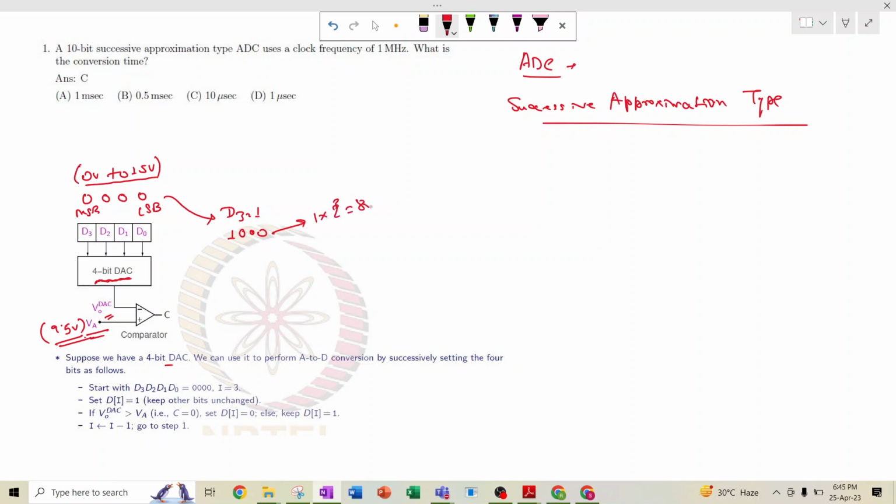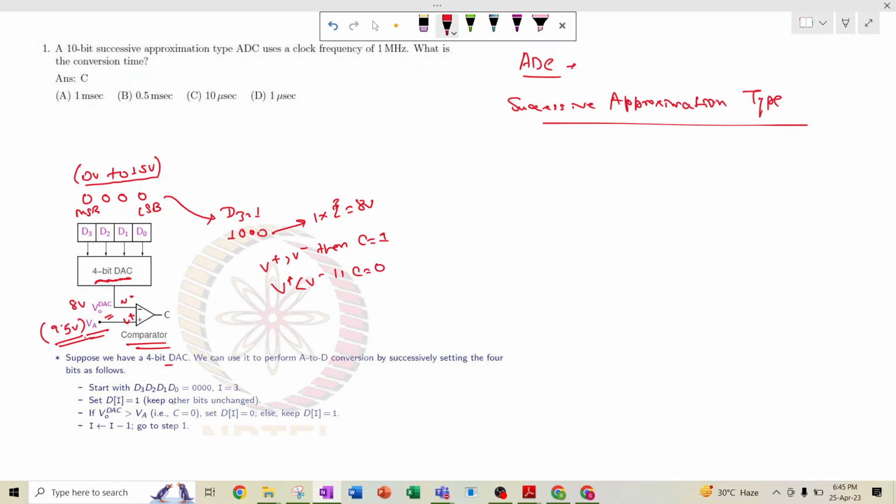Here we are using a simple op amp comparator. If V plus is greater than V minus, then the output C equal to 1. Otherwise, if V plus is less than V minus, then C equal to 0.